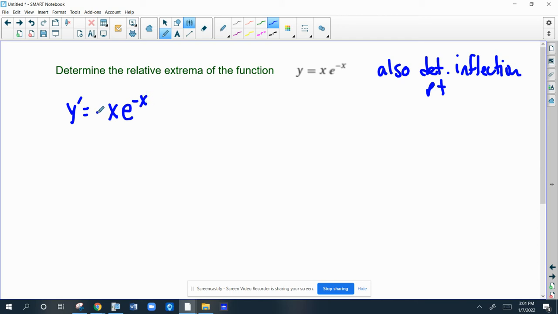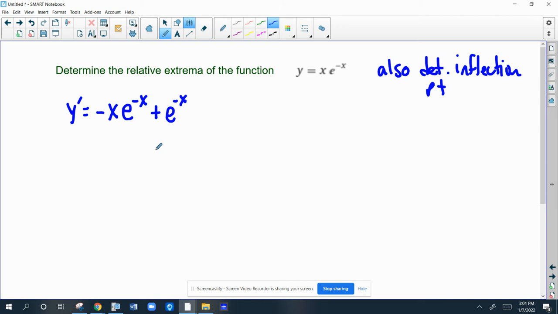So that's the first times the derivative of the second, plus the second times the derivative of the first. The second is e to the negative x times the derivative of the first, which is 1. So we're done.